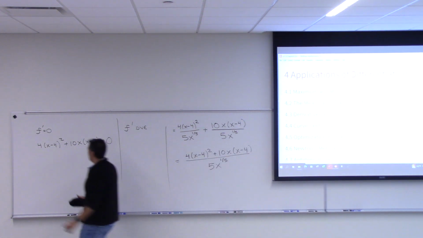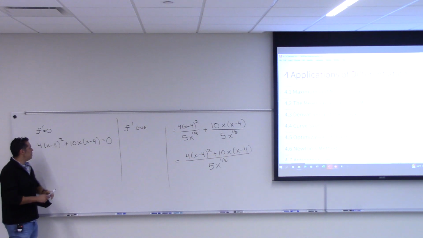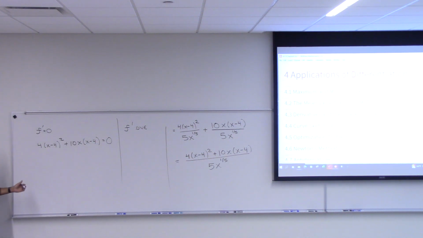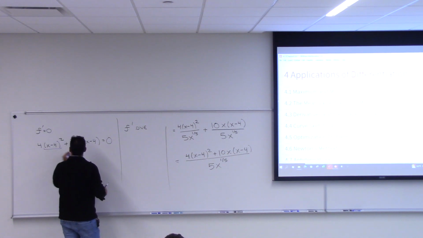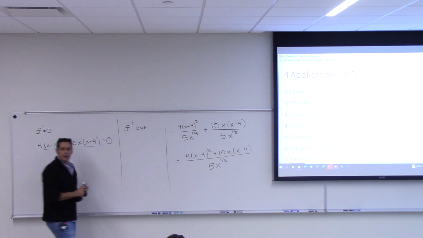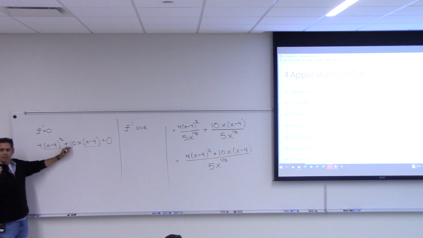All right, so like I said, you could expand all that out, multiply that out, distribute, but it's cleaner if you realize that these both have one factor of x minus 4 in them, right? So we could pull an x minus 4 out of both terms. Also, you could pull a number out. There's a 4 here and a 10 here, so you could pull a 2 out.